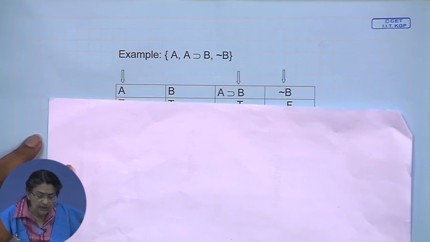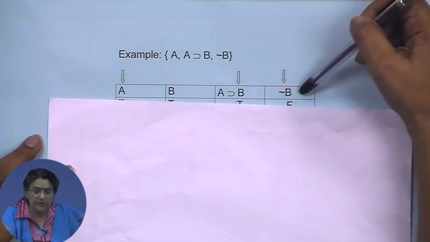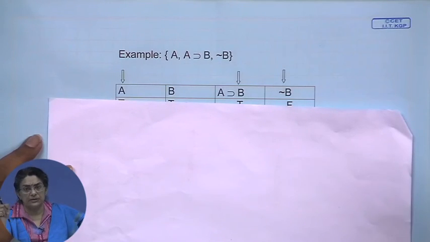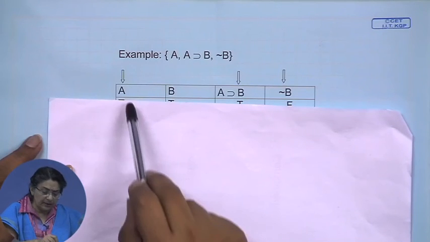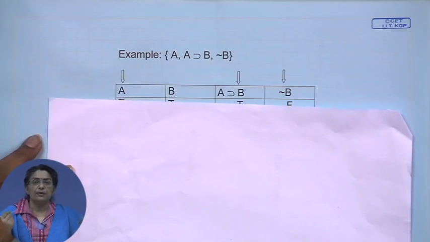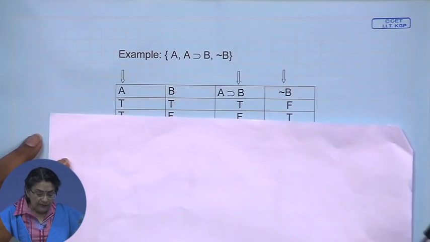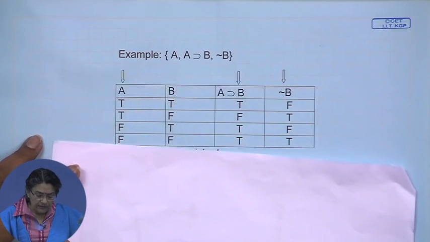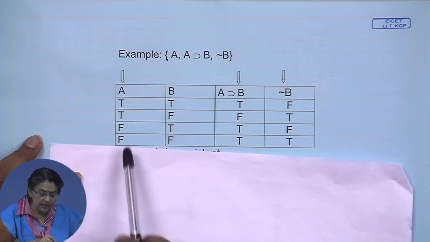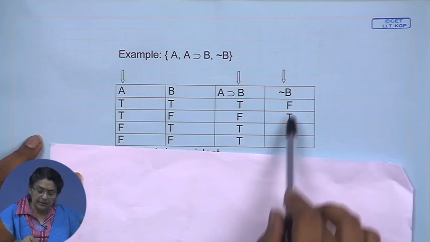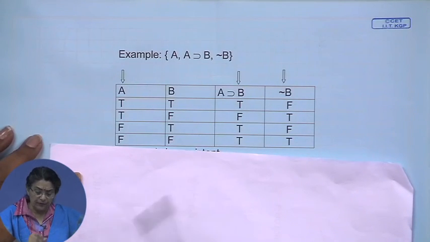And what is it that you are looking for? Whether you can make each of these members true at least once, okay. Whether there is any truth value assignment under which each of these members come out to be true. That is what you are trying to find out. If you do the full truth table, take a look at the way it progresses. The value distributions are like this, and this is automatic, and you also know that A horseshoe B has to follow that truth table.